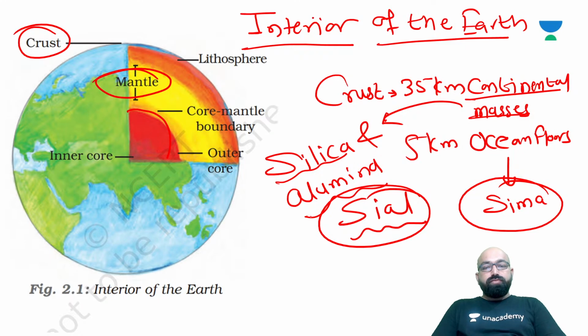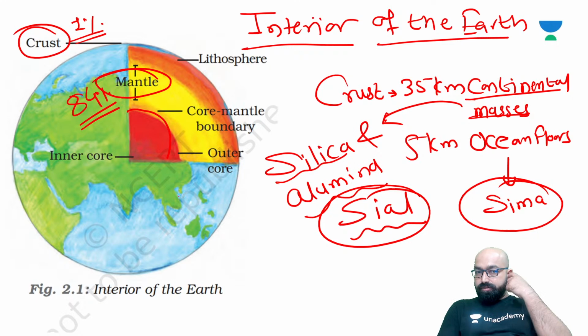Now, when we are talking about rocks and minerals, before that, the crust forms only 1% of the volume of the earth, 84% consists of the mantle, and 15% makes up the core.